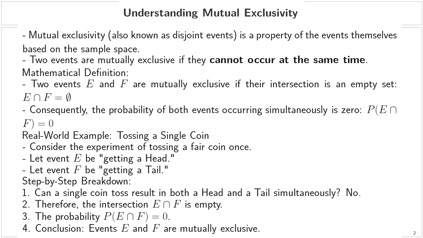This means the probability of E and F happening together is 0. Therefore, we can conclude that events E and F are mutually exclusive. Now, keep this "cannot happen together" idea in your mind, because in the next slide, we are going to look at independence, which is a completely different way of looking at how events relate to one another.